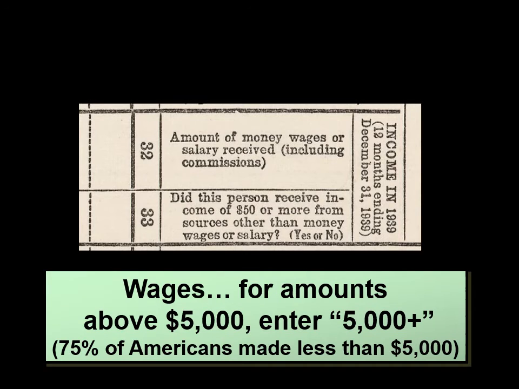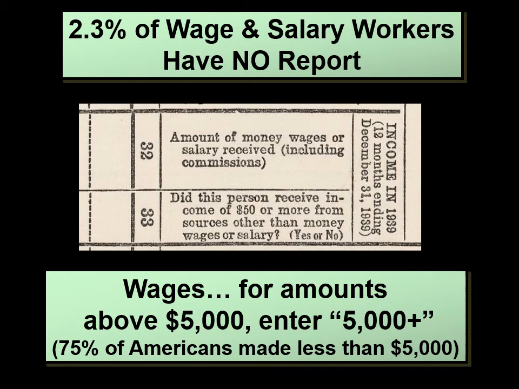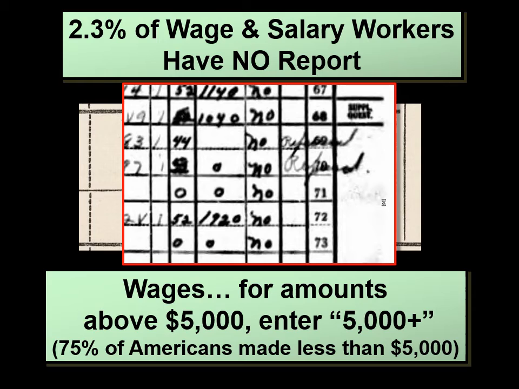As you can see, 5,000 plus. And 75% of Americans made less than $5,000 in 1940. A number of people refused to answer that question, 2.3%. You can see here, refused.